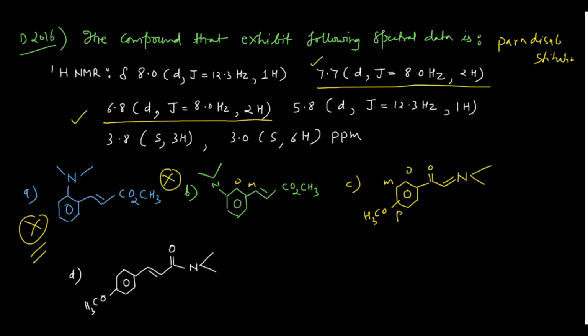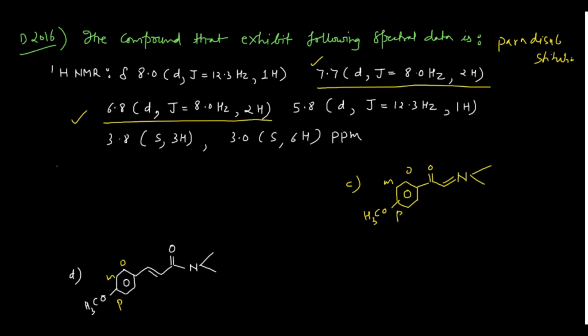Similarly, this is ortho, this is meta, this is para. So out of these two, option C and option D, anything could be your answer. Okay. So this is the trick actually which I am explaining you. So what I can do, I can immediately discard my wrong options. That means I can remove these two.